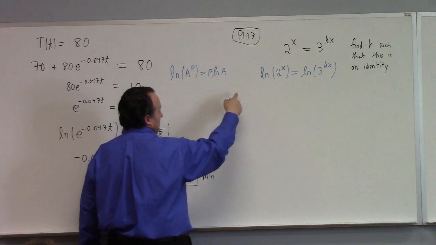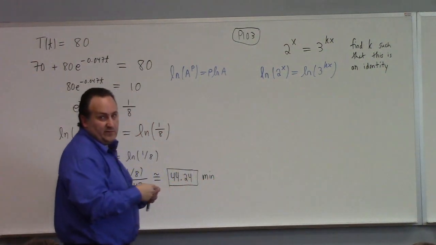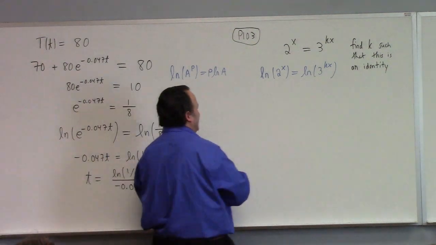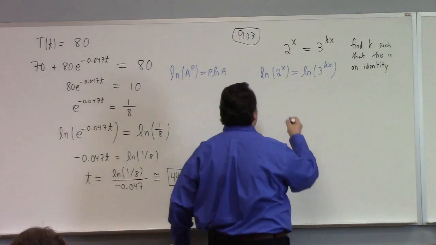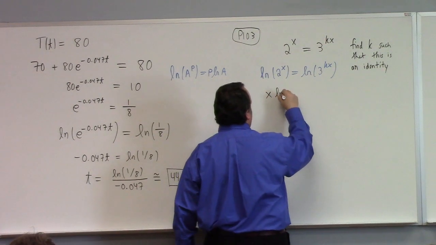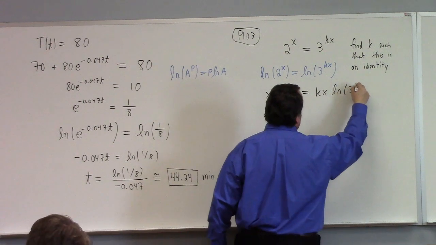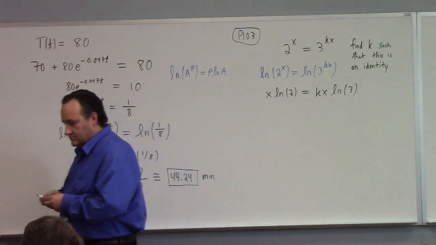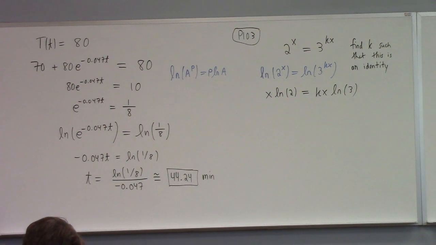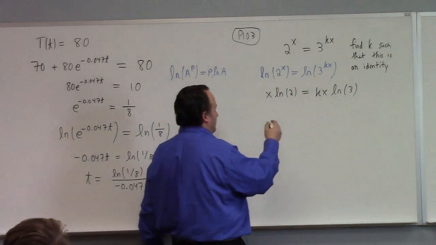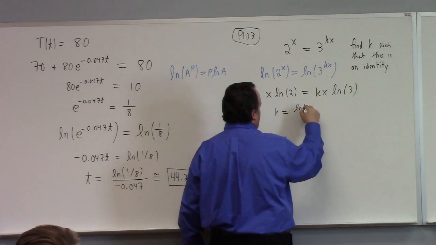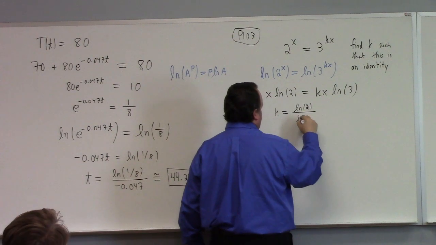So I can use that on both sides. I have x times log 2 equal to kx times log 3. Since it has to hold for all x, we can cancel the x's. Then divide both sides by log 3. So k equals log 2 divided by log 3.